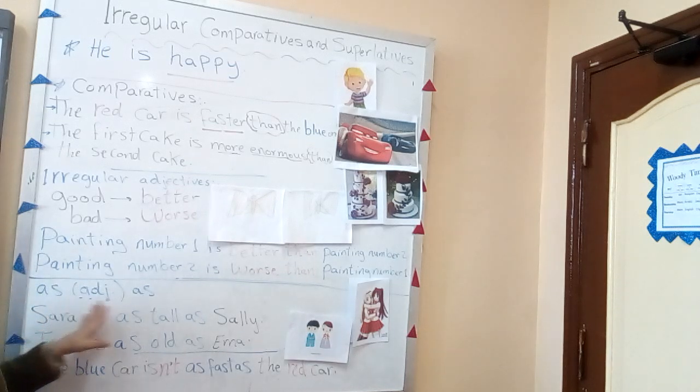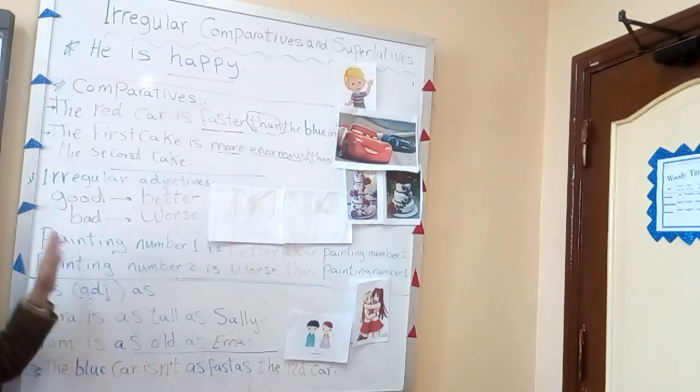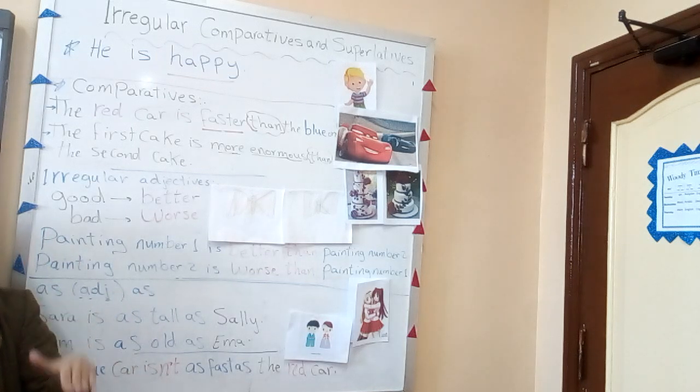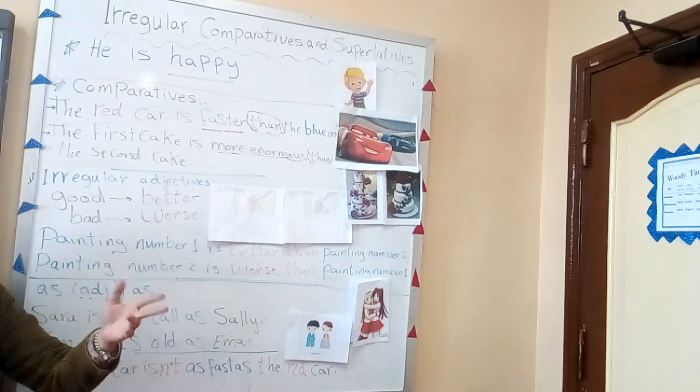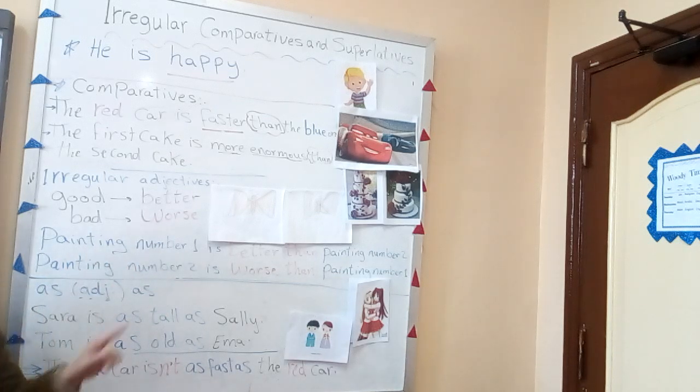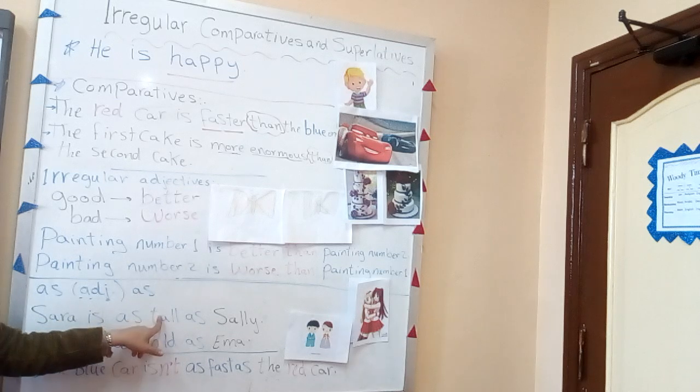We have here a common structure, as, adjective, as. Here we are also comparing between two things, but they are the same in some ways. They are similar. So if you want to compare between two things or two people who are similar, use as, adjective, as.